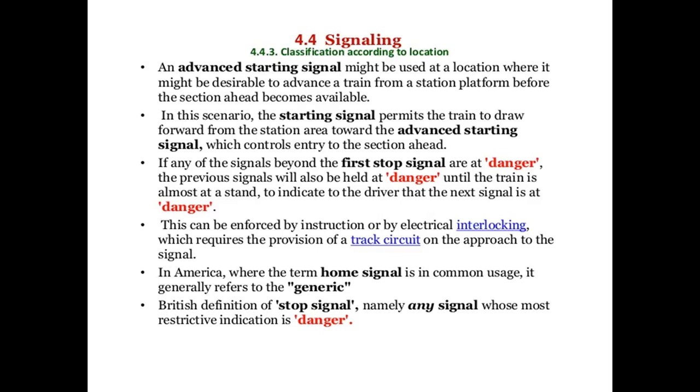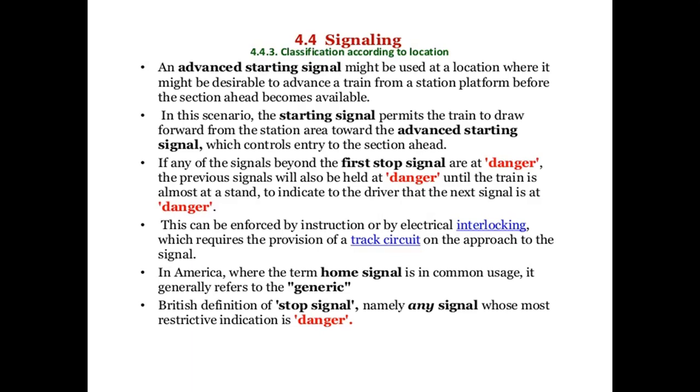If any of the signals beyond the first stop signal are at danger, the previous signals will also be held at danger until the train is almost at a stand, to indicate to the driver that the next signal is at danger. This can be enforced by instruction or by electrical interlocking, which requires the provision of a track circuit on the approach to the signal.